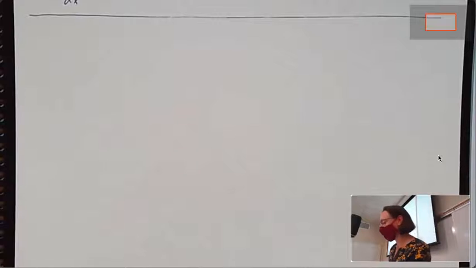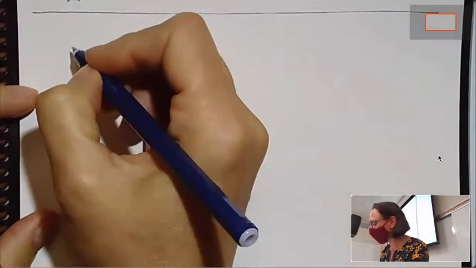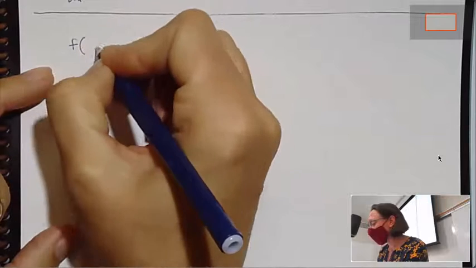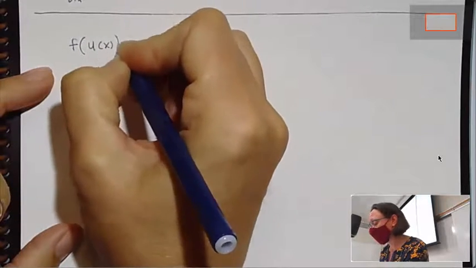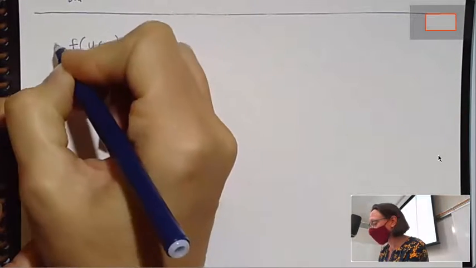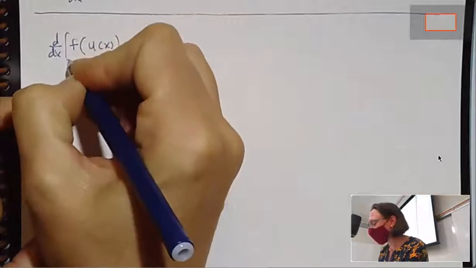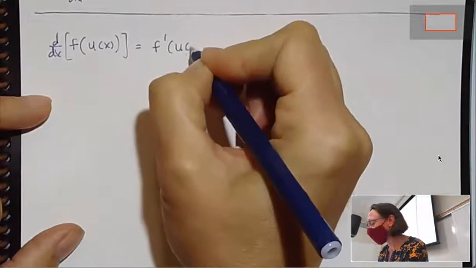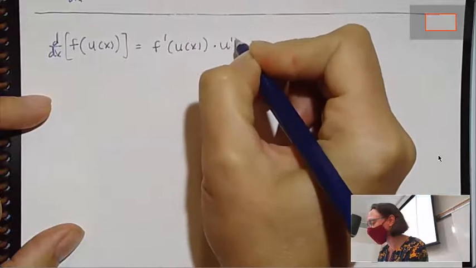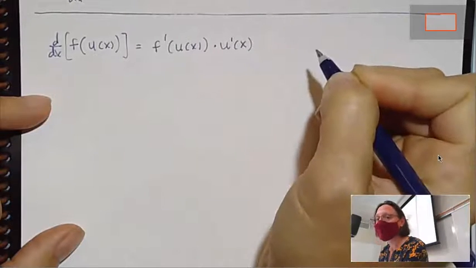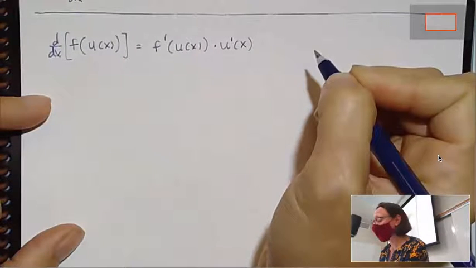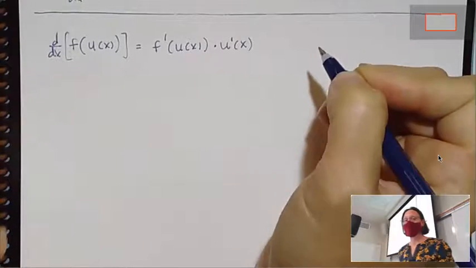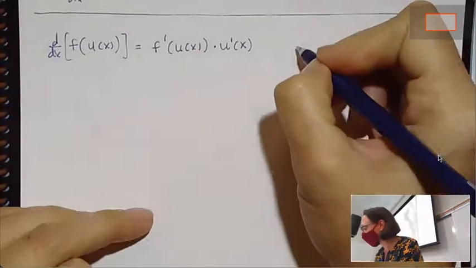But if you are someone that likes formulas and it's helpful, if I had f of u of x, and I took the derivative of that, this would look like f prime of u of x times u prime of x. I think that looks terrible as a formula, but if that's helpful, that's technically what the chain rule says.